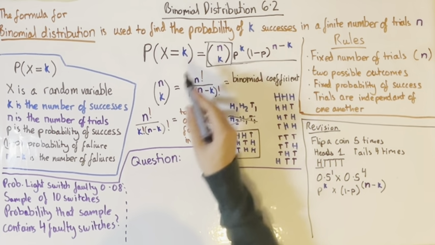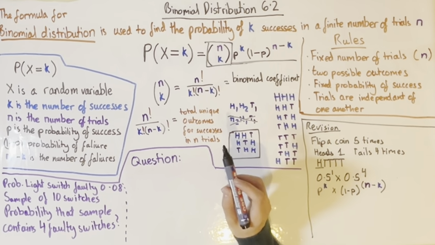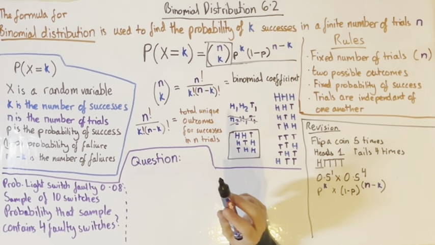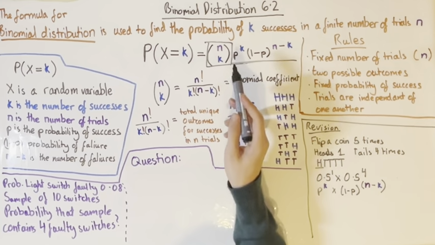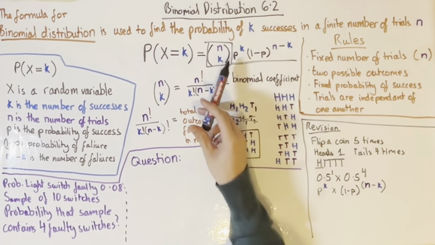So when we put it all together, we get the probability of k successes in a finite number of trials, n.